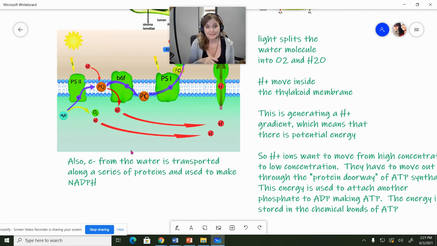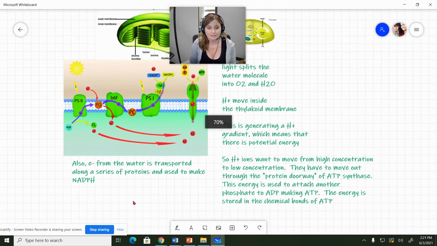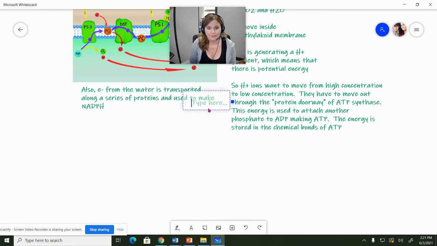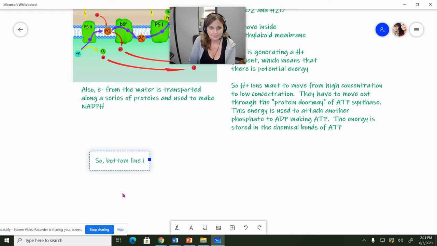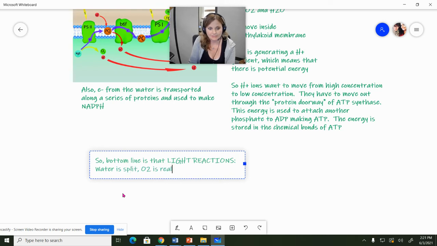and NADPH are generated, and that is like the end of the light reactions. Okay, so I'm going to put that at the bottom here. So, bottom line is that in the light reactions, water is split, O2 is released, and ATP and NADPH are made.